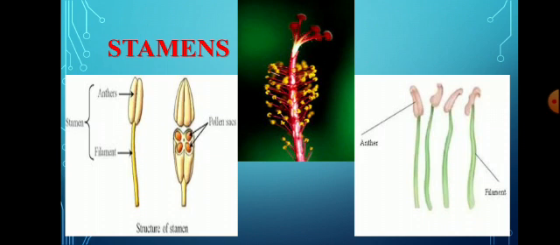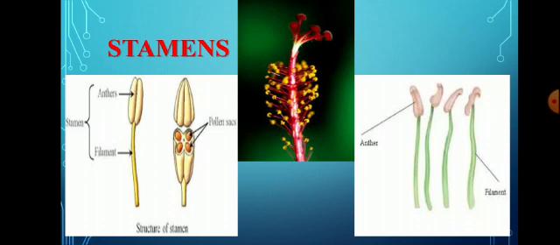The yellow part is the anther. The red, needle-like structure is the filament. The anther and filament, the two parts, are called the stamen. These are the long, slender parts of the flower that become visible upon removing the petals and sepals.